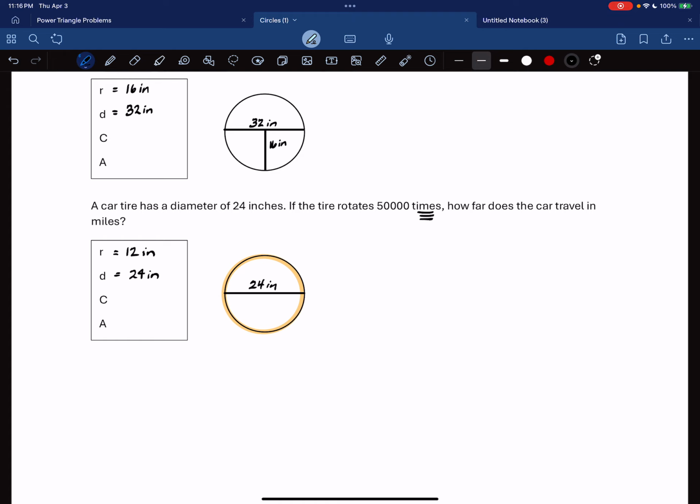The first thing we have to do is realize that we have a revolution, a rotation. That is most always going to be a circumference problem, unless there's some special circumstance.